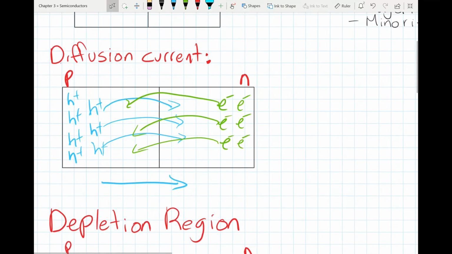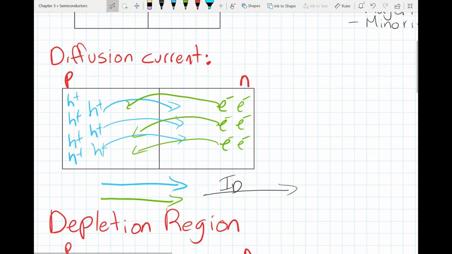Electrons are flowing from n to p, but by convention the current goes opposite to the flow of electrons, so we're going to have a current going from left to right. If we add up these two currents, we end up with a total diffusion current ID, going from left to right.